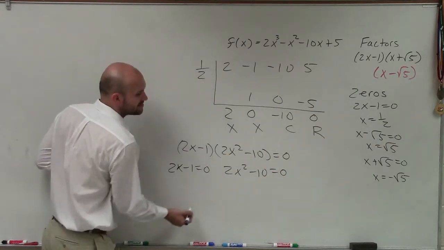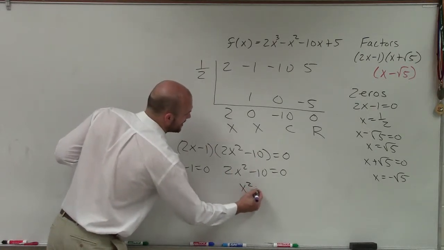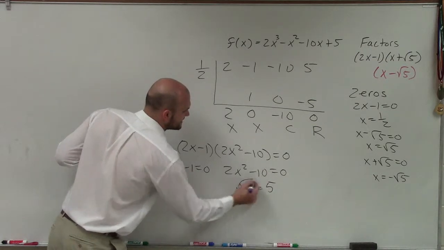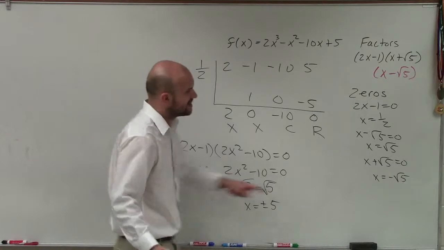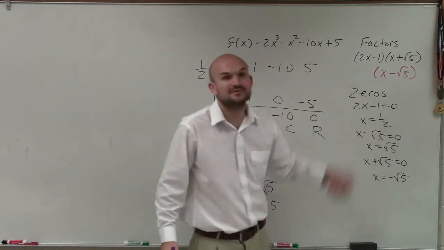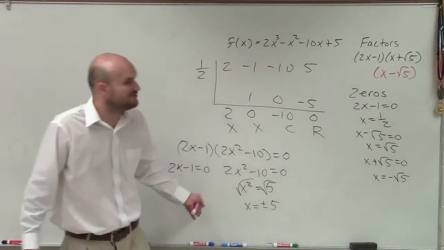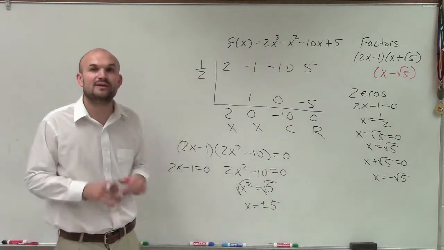By applying my square root method, adding 10 and dividing by 2, I get x squared equals 5, and when I take the square root of that, I have x equals plus or minus the square root of 5, which I was already able to tell you are my 2 zeros. I probably could have done this problem in 30 seconds, but we can at least show how we can verify our answer when given a set of factors to determine the rest of our zeros.